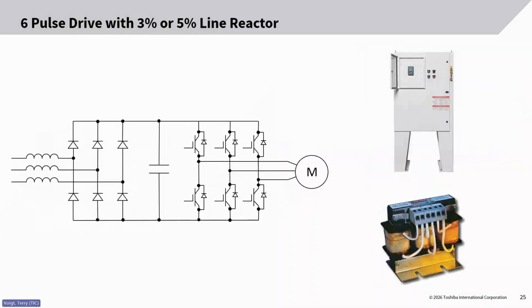We can further reduce harmonics with a line reactor, either a 3% or a 5% line reactor. That gets placed before the drive. A DC link reactor is technically inside the drive, or it has terminals to connect it in series with the drive itself. The 3% line reactor is attached to the front end, in series between the power source and the drive.